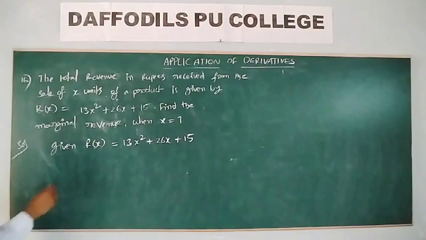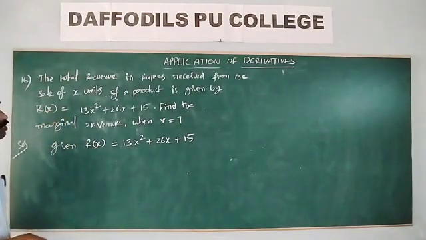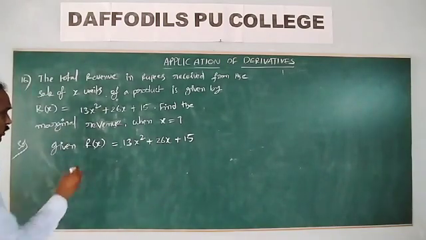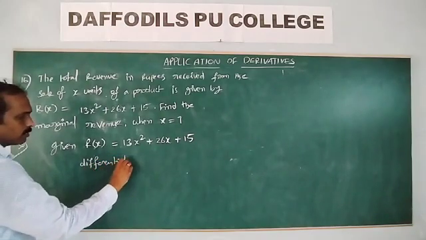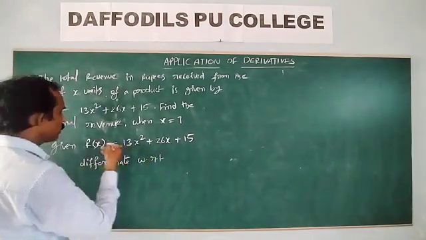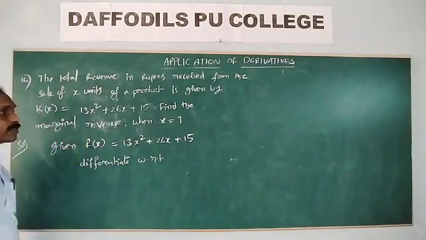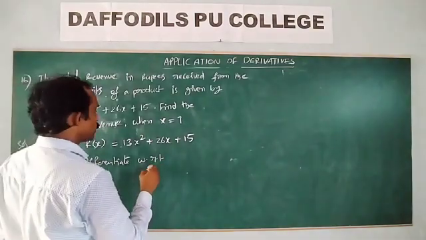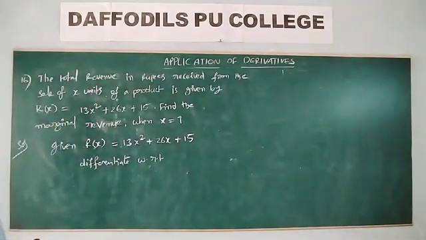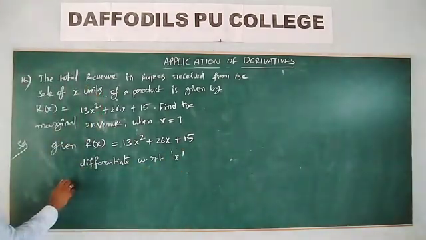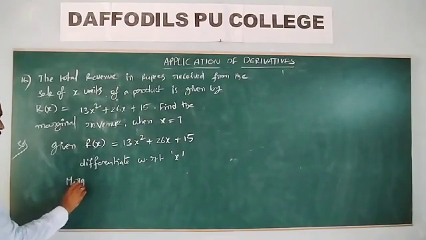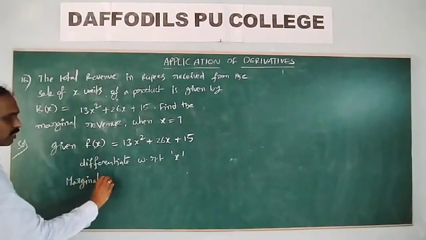We want the marginal revenue, so we differentiate this revenue with respect to X, which gives the change in revenue when 7 units are produced. That is nothing but the marginal revenue.